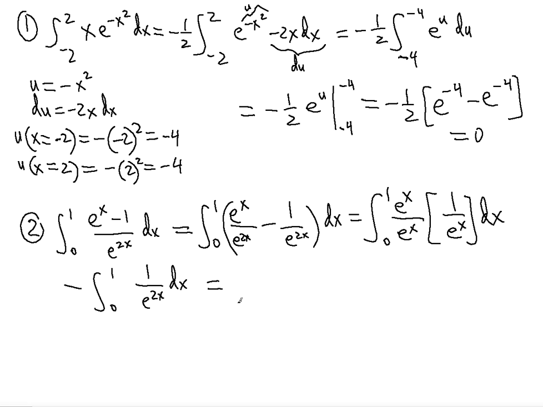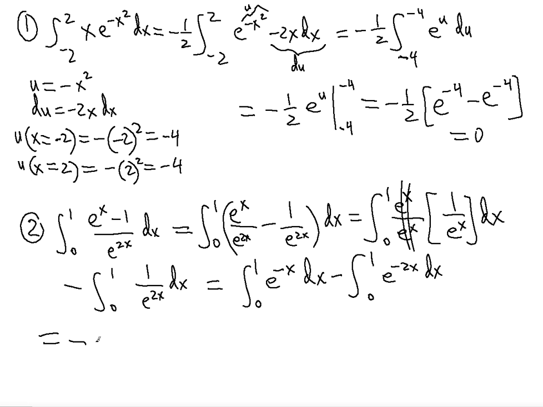So let's see what I'm going to have. These guys go away, they turn to 1, so we'll have the integral from 0 to 1 of e to the negative x dx minus the integral from 0 to 1 of e to the negative 2x dx. And now we don't need the u substitution for the first part. We just know that, since there's a negative sign, we will have the negative e to the negative x from 0 to 1 for the definite integral.